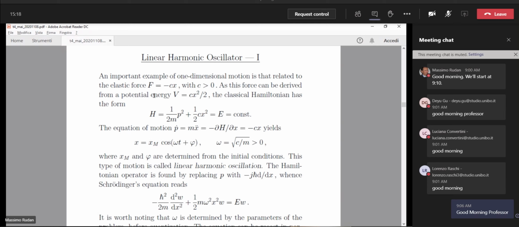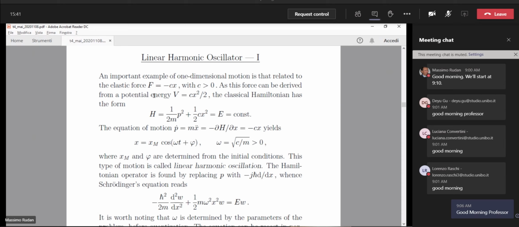It is a very easy problem in classical mechanics. We consider a one-dimensional situation in which we have a particle of mass m that is able to move along the x-axis.